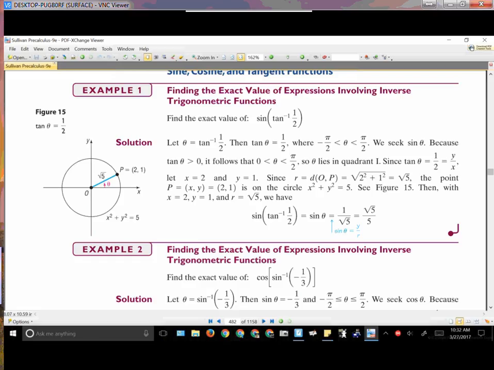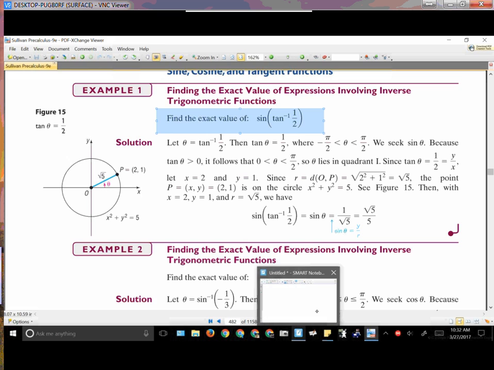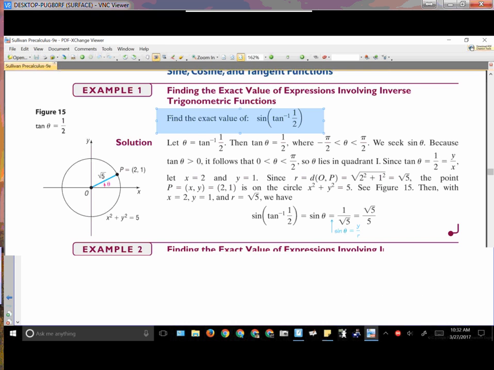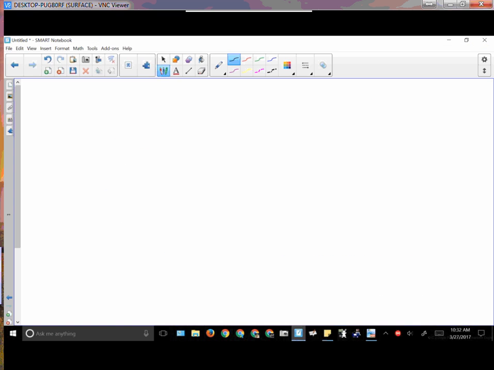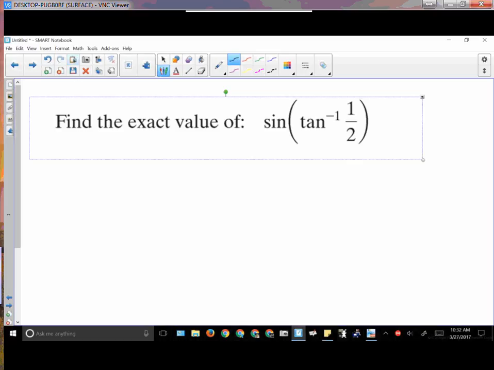Well, when we're dealing with tangent, that's a little bit trickier, simply because we have to think of it in terms of sine and cosine at times. So there's one way to take a look at this.